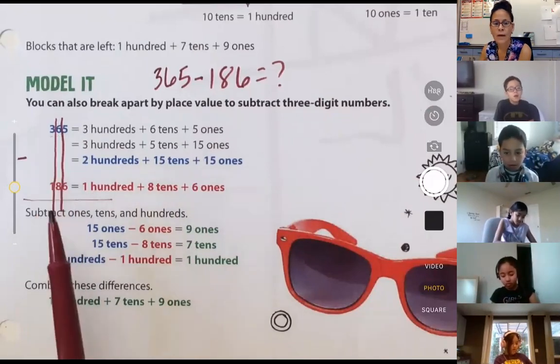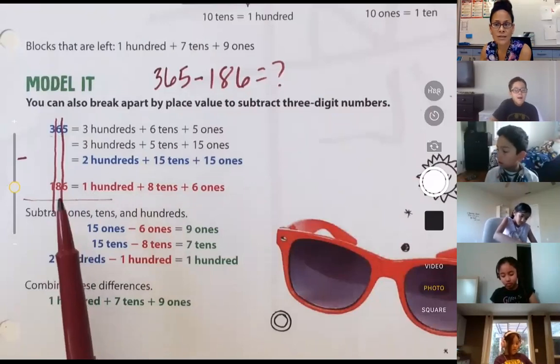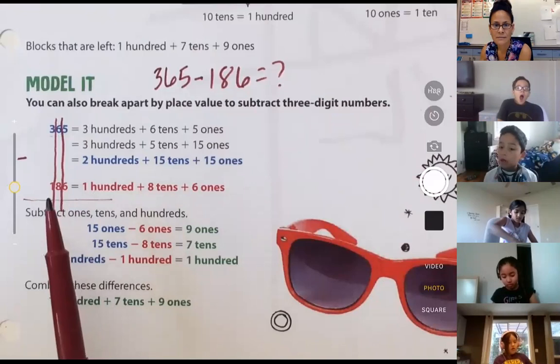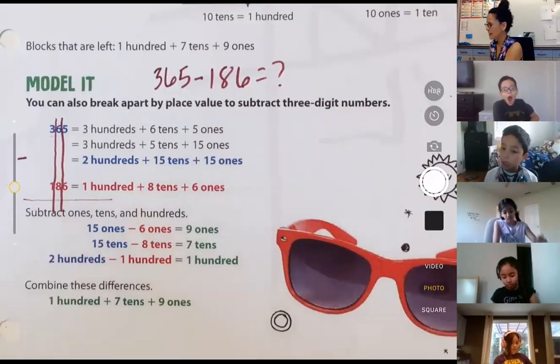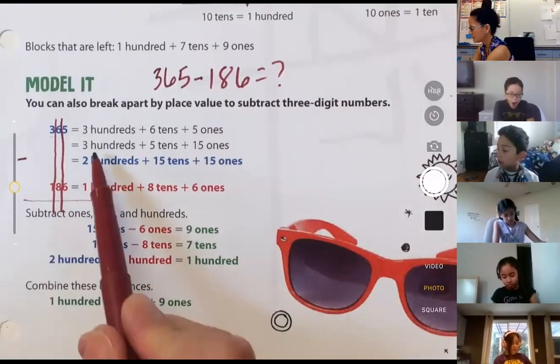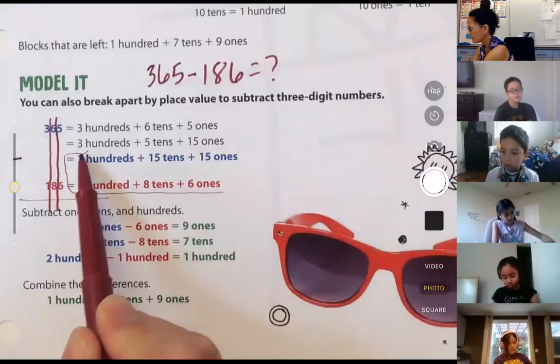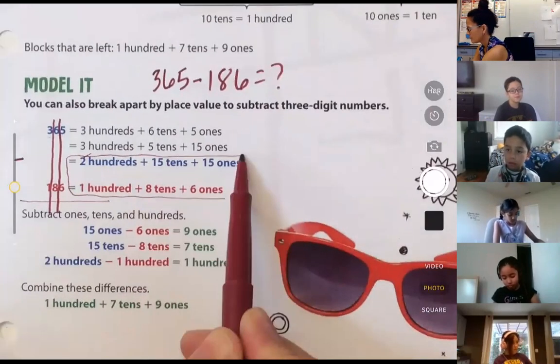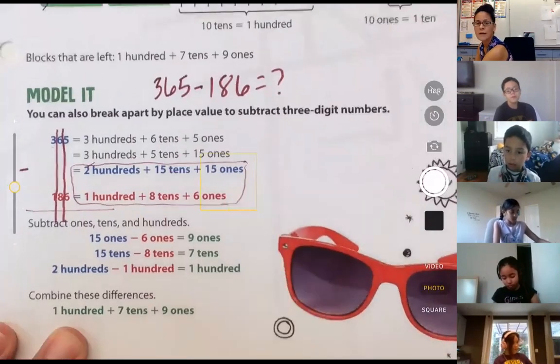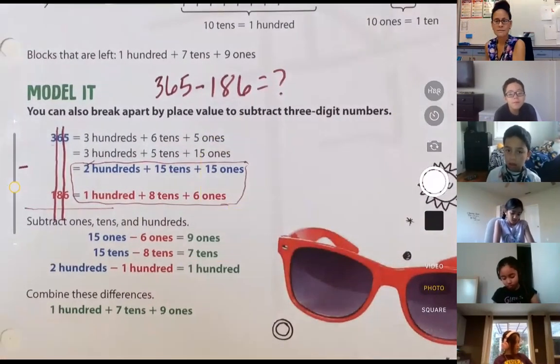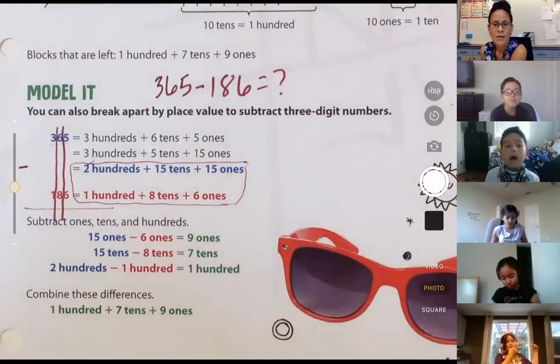Now, what I want you to pay very close attention to is this. Why all of this breaking apart? Take a look at right here. The goal was to address the regrouping needs.